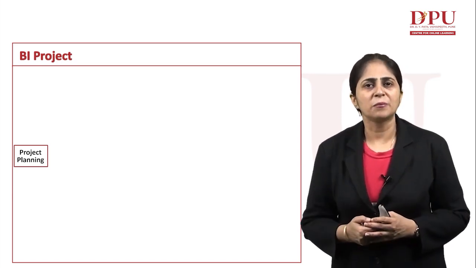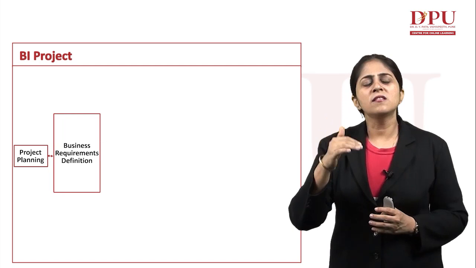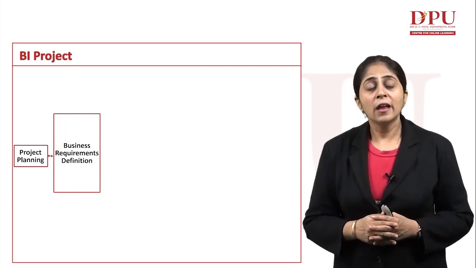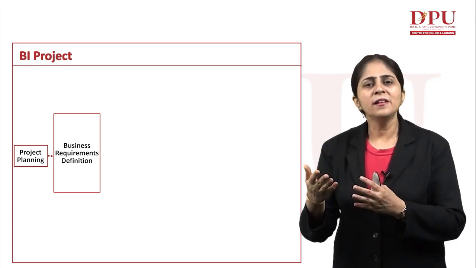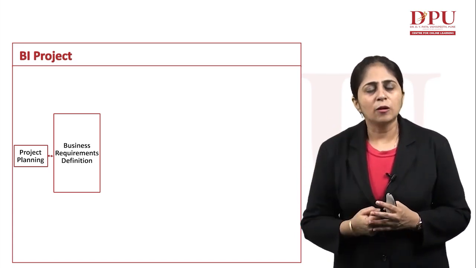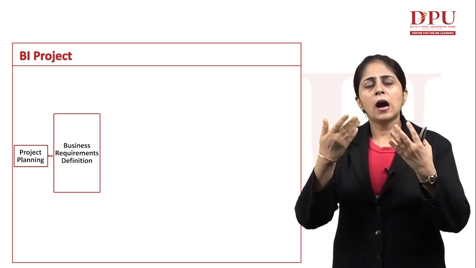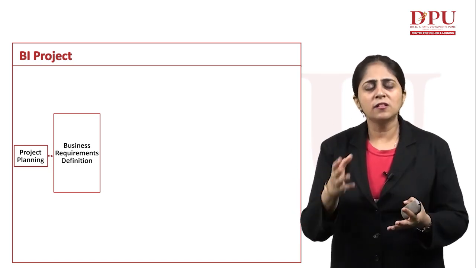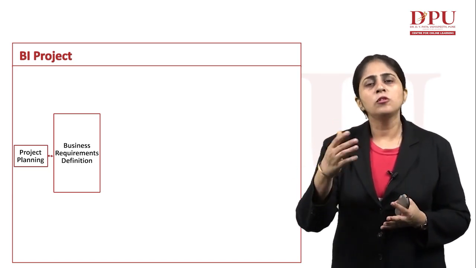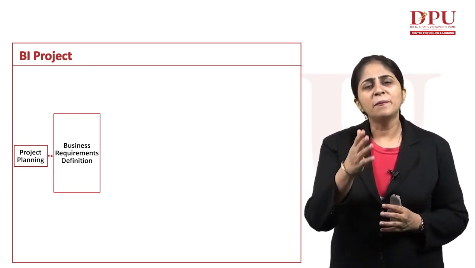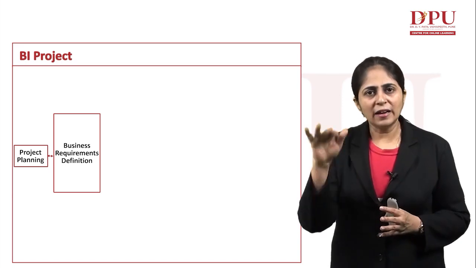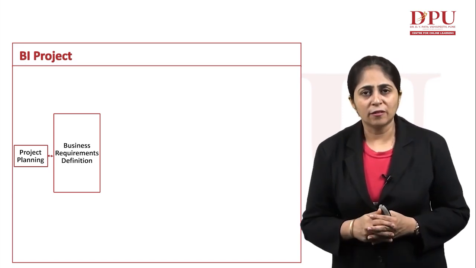The second phase is the business requirement definition. In this particular phase, we will gather all the requirements: what are the requirements of the users who are going to use our business intelligence project? That is called the business requirement definition.